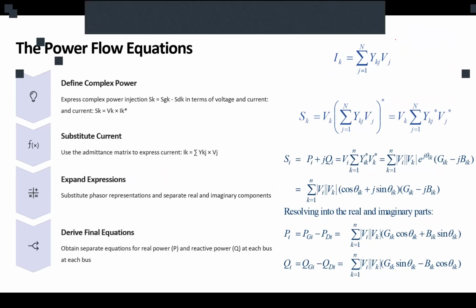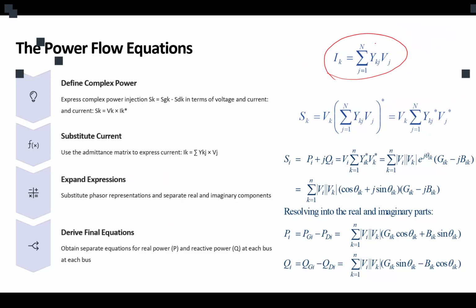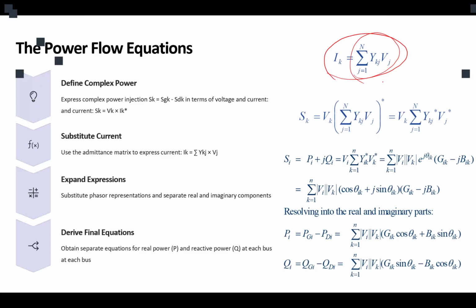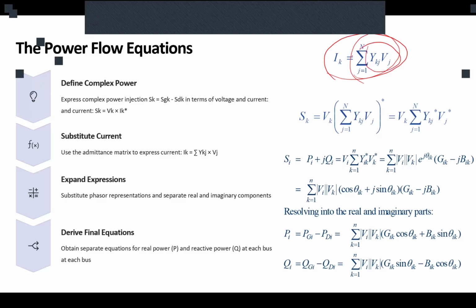This is the combination of Ohm's law and KCL. The current for bus K is the summation of all the currents that go in and out of bus K. Are we good? This is KCL. Now, what are those currents? From Ohm's law, we know that they are admittance times the voltage difference.